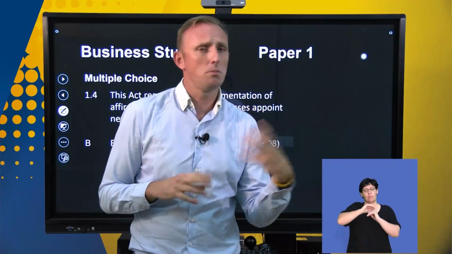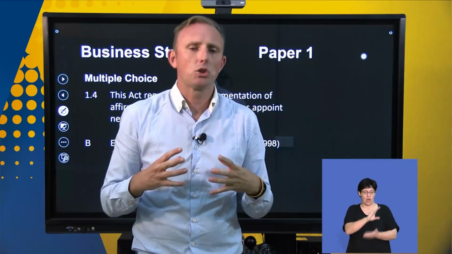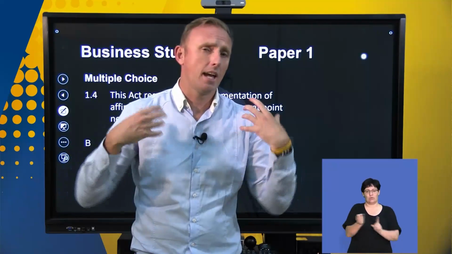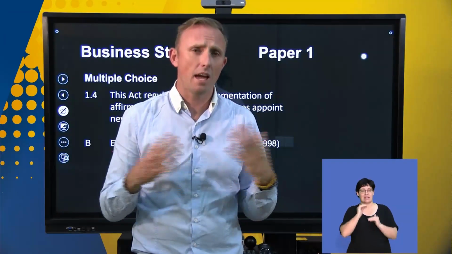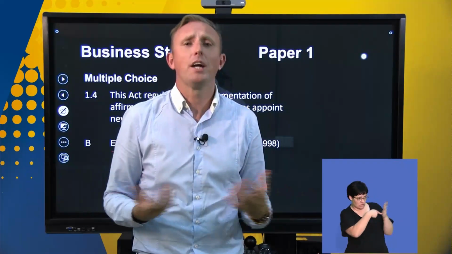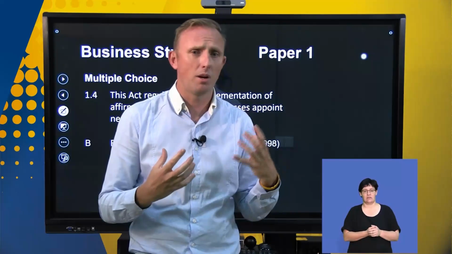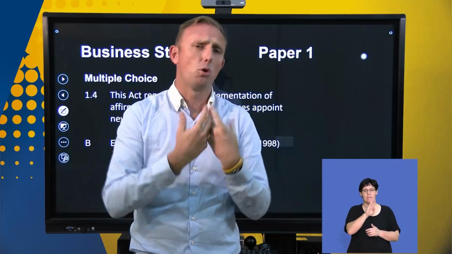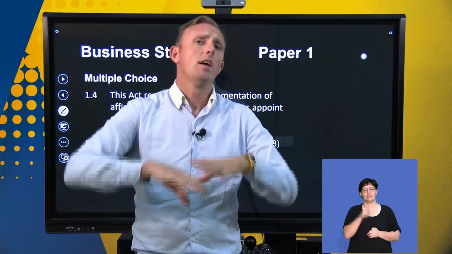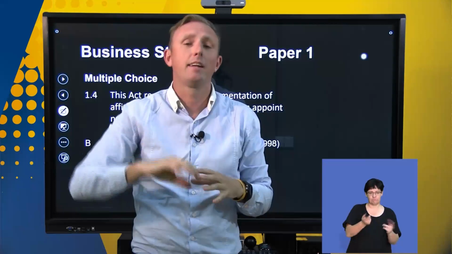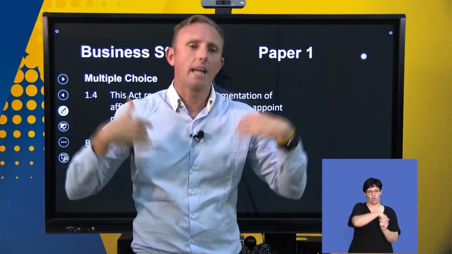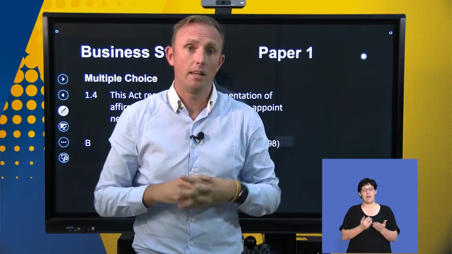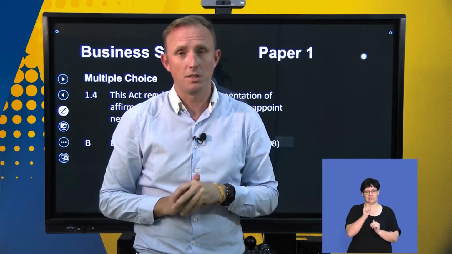Whereas the Consumer Protection Act has to do with making sure that consumers aren't taken advantage of, making sure that the goods and services that we buy are safe for us, and that we have all the information we need when buying particular products. Broad-based Black economic empowerment has to do with redressing past imbalances and giving people that were previously disadvantaged chances to partake in the economic development of the country.